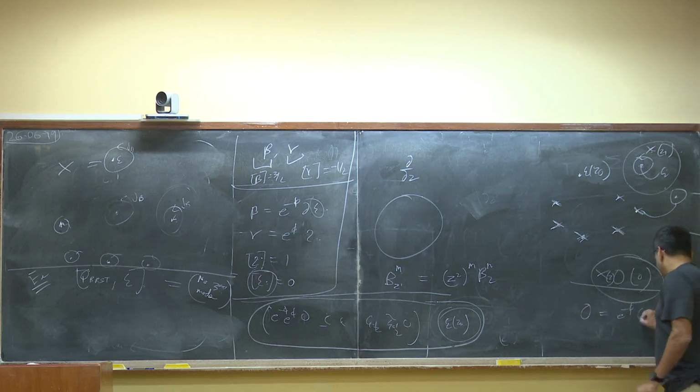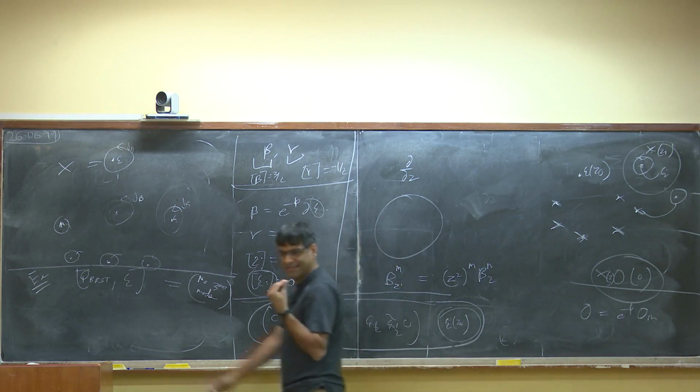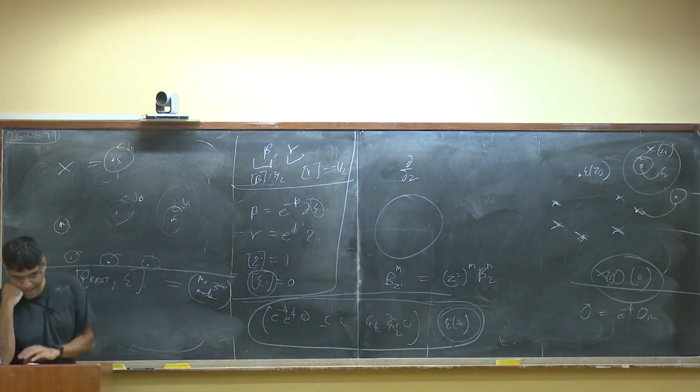This is e to the power minus phi times O matter. And what we want to do is to take this x operator and bring it near here.